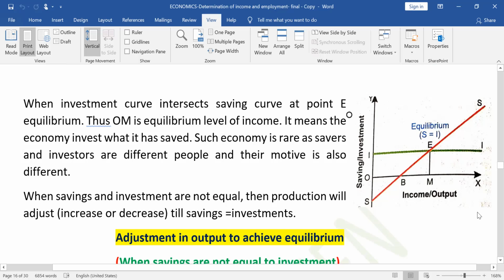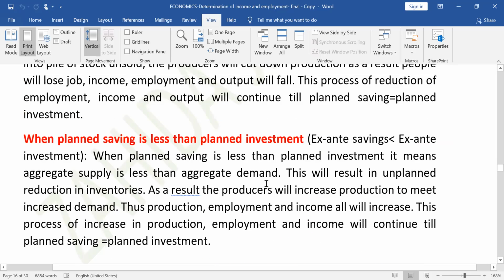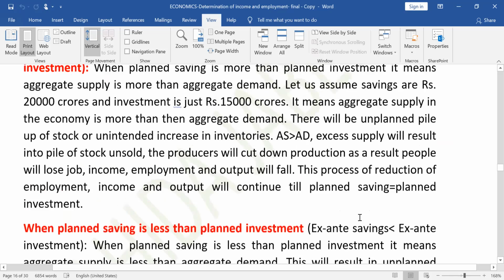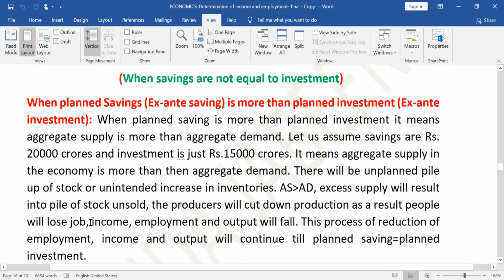If you want to see the explanation of that, you can see what will happen when planned saving is more than planned investment. It means that aggregate supply is more than aggregate demand. So there will be an unplanned pile up of stock, or unintended increase in inventory.